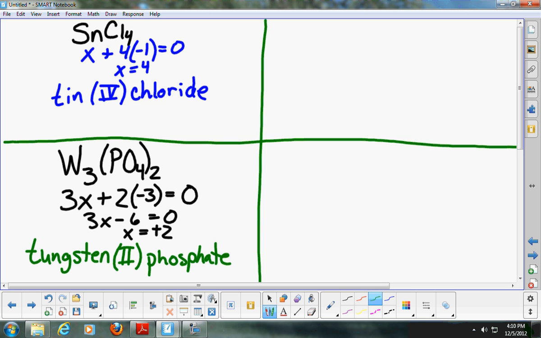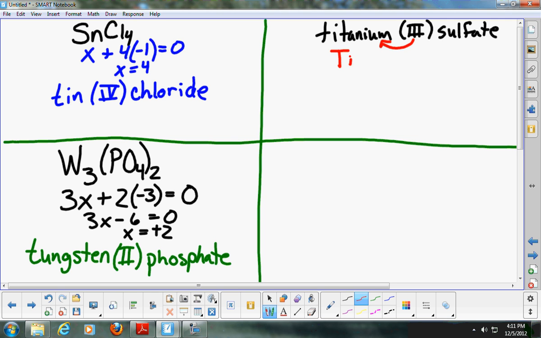Okay, let's try a couple more going backwards again. I'm going to give you the name and see if you can write the formula. Let's do titanium 3 sulfate. Okay, so remember that the Roman numeral 3 gives me the charge on the titanium.